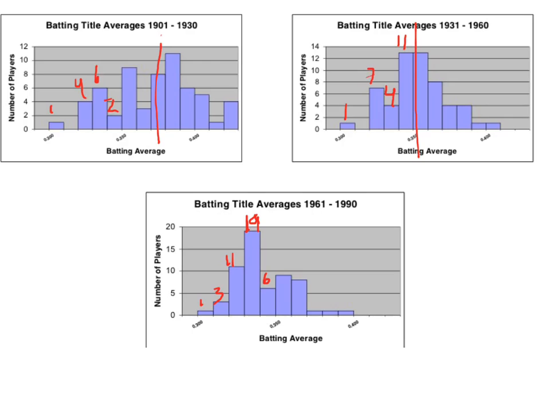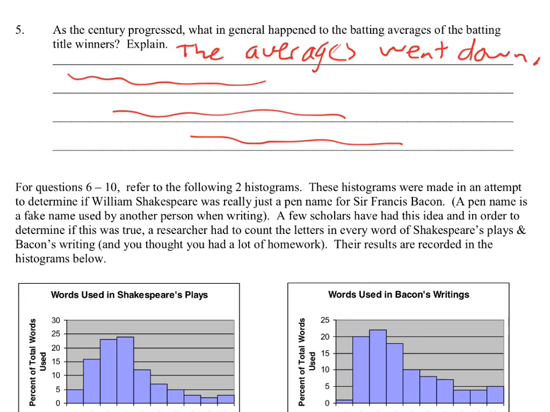And then on this last one, my mean's shifted left even more, probably about 3.4. So my mean's slowly sliding down, and that's something you can write down. The mean on this one would be about 3.7, over here about 3.5, and over here about 3.4. It's just sliding down, and so that's something to put down there on number 5.